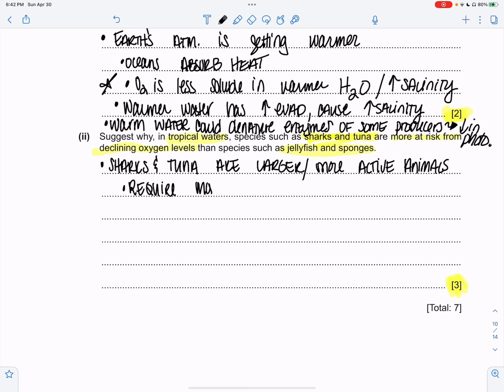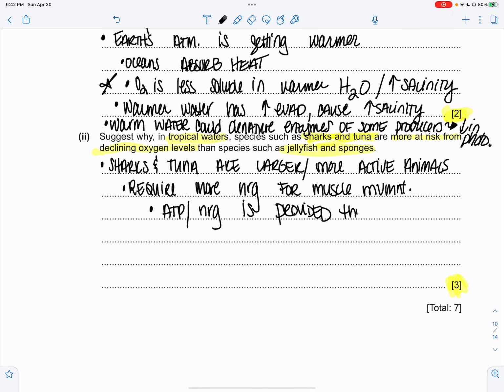They require more energy for muscle movement or muscle contraction. ATP or energy is provided or synthesized through respiration. And we're not going to spell it all out, we're just doing this quickly.